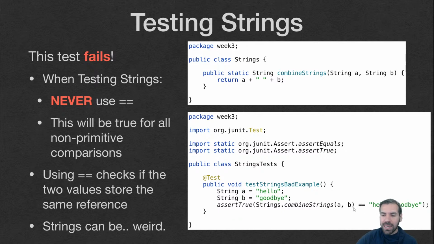So what we're doing is taking a reference to a string with the value hello goodbye and checking if that reference equals a reference to another string, which also happens to have the value hello goodbye. But these are two different strings. Since they're two different strings, the values in these two expressions resolve to two different references. Those references are not equal, therefore equal equal is not going to say these are equal.